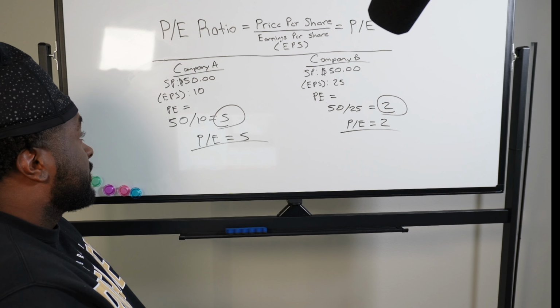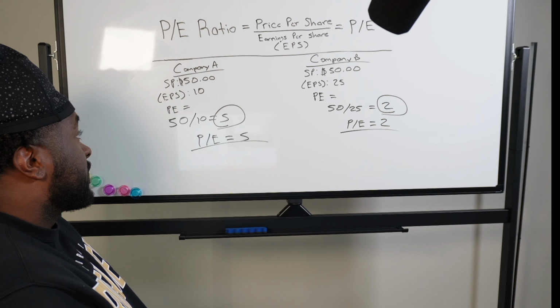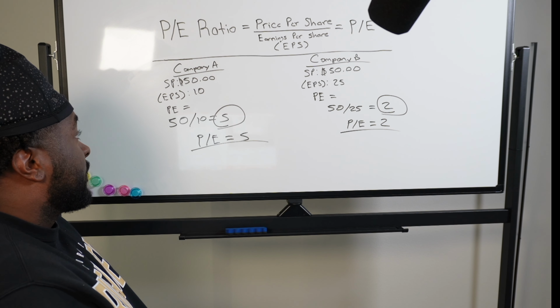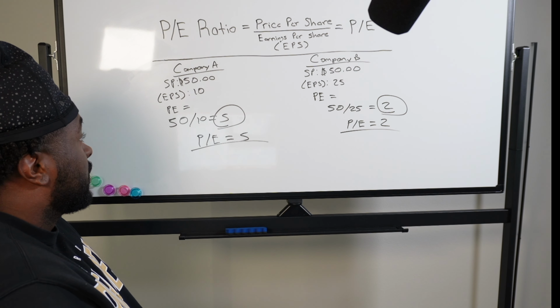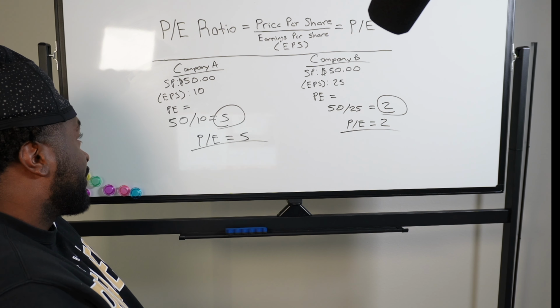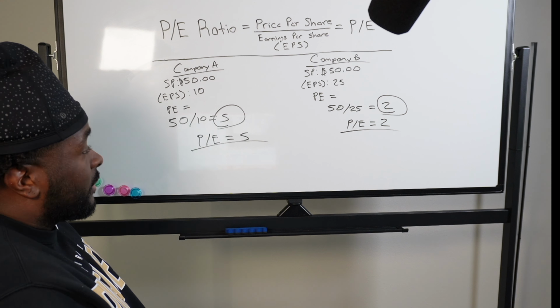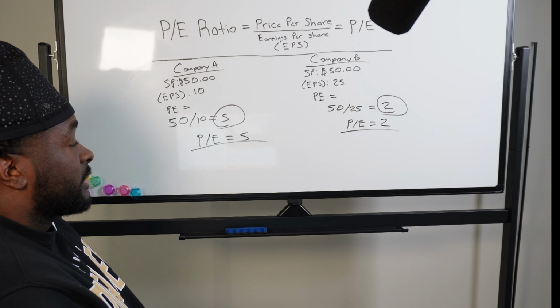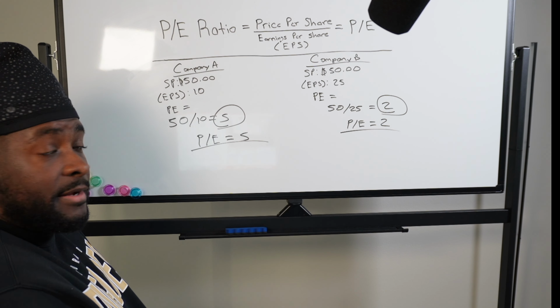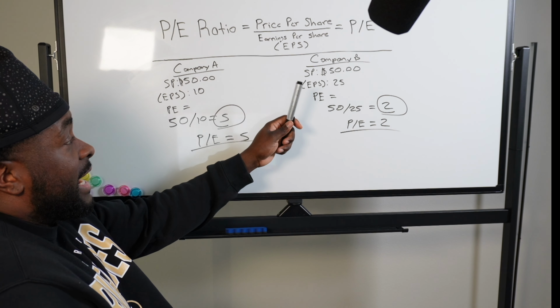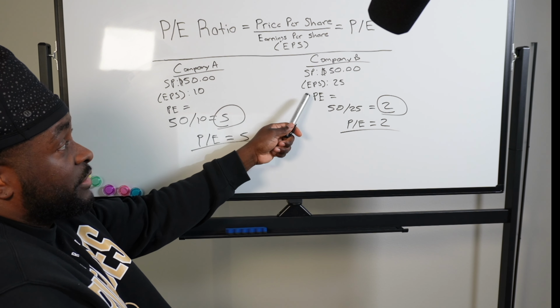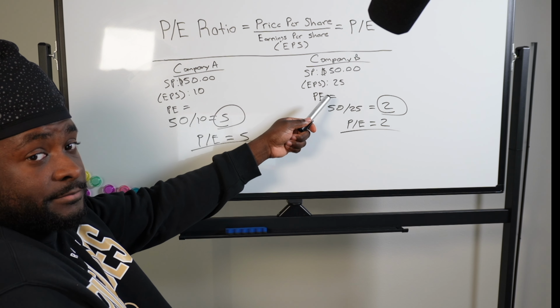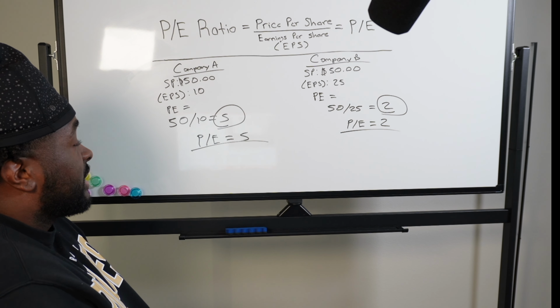Company A is getting $10 of profits per every share. Company B is getting $25 of profit per every share. So we already know off top that with company B we're going to be getting access to more profits per share.